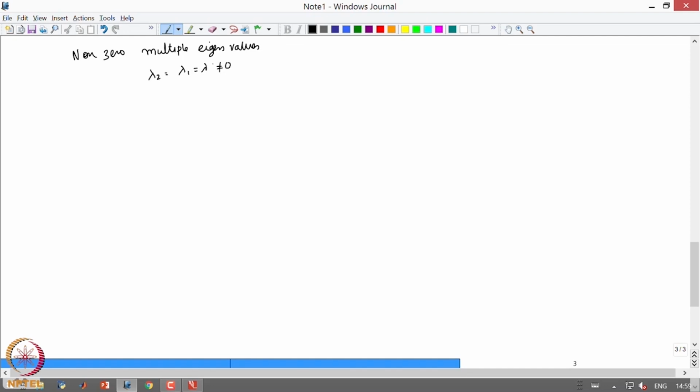We will come to the case of the 0 eigenvalue a little later. And with the appropriate transformation, I can write the system as z1 dot is lambda z1 plus k z2, z2 dot is lambda z2. So, a couple of cases can occur when k is 0 and when k equal to 1.